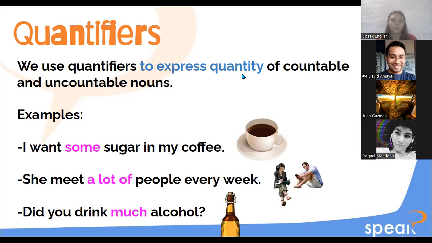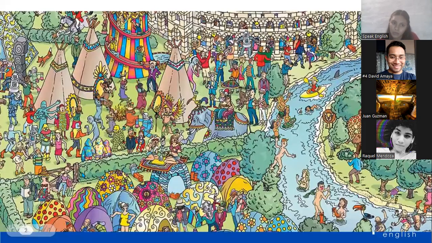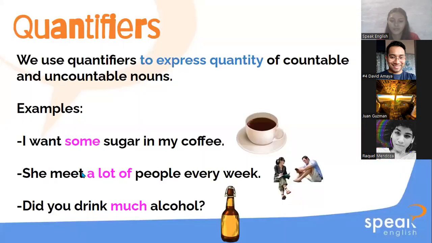Quantity. Okay, thank you. So if I tell you how many people are in the picture, my goodness, we lose the whole hour. So we use quantifiers to express quantity.